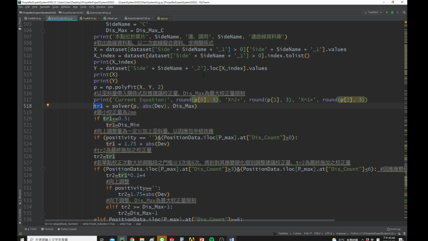This is the original value, but during tuning we will face a lot of problems. We cannot just use this value. So I will explain.